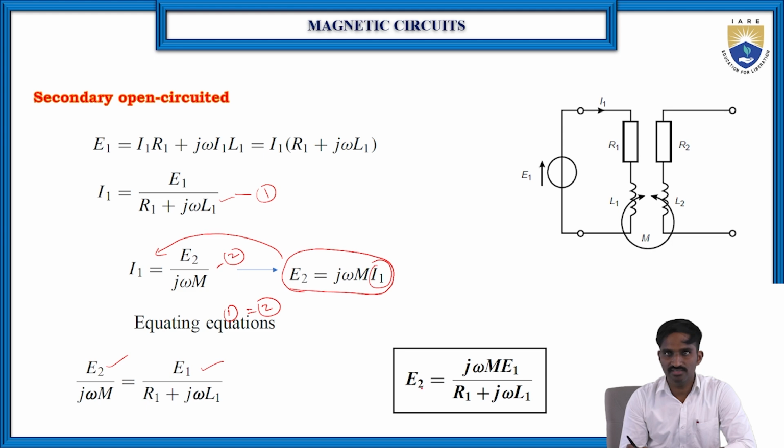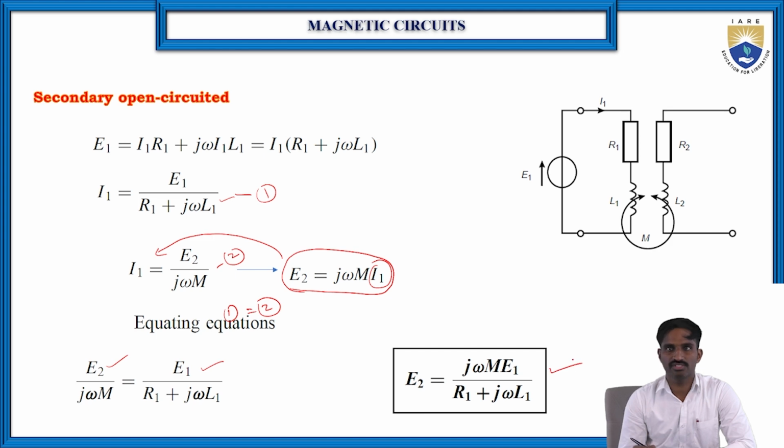But in this case, even if you don't know I1, you can find the value of E2, because we eliminated I1. So E2, the voltage across the secondary winding, is equal to j omega M E1 by R1 plus j omega L1.